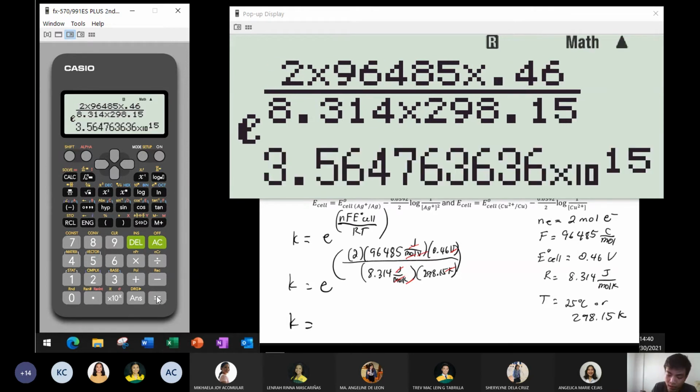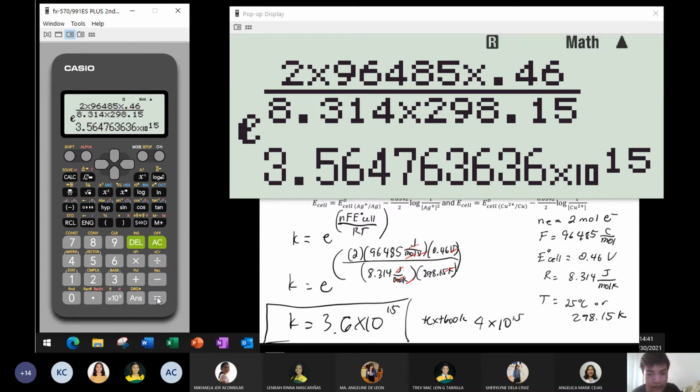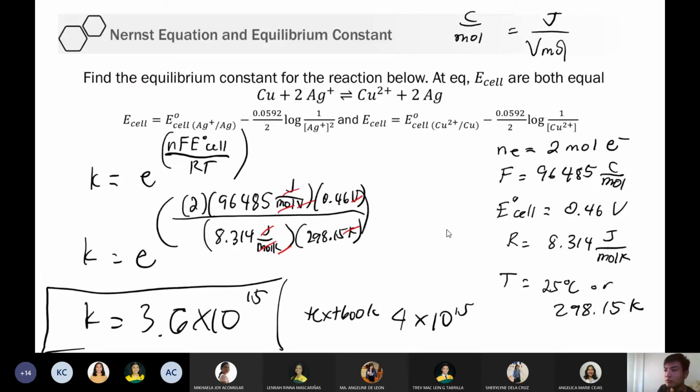Okay, so that is the key, no? 3.6 times 10 raised to 15. Sa textbook, ang sagot dyan ay 4 times 10 raised to 15. Yan. So, ni-round off ng libro sa 1 significant figure. Which is okay lang. Kasi multiple choice to, remember.